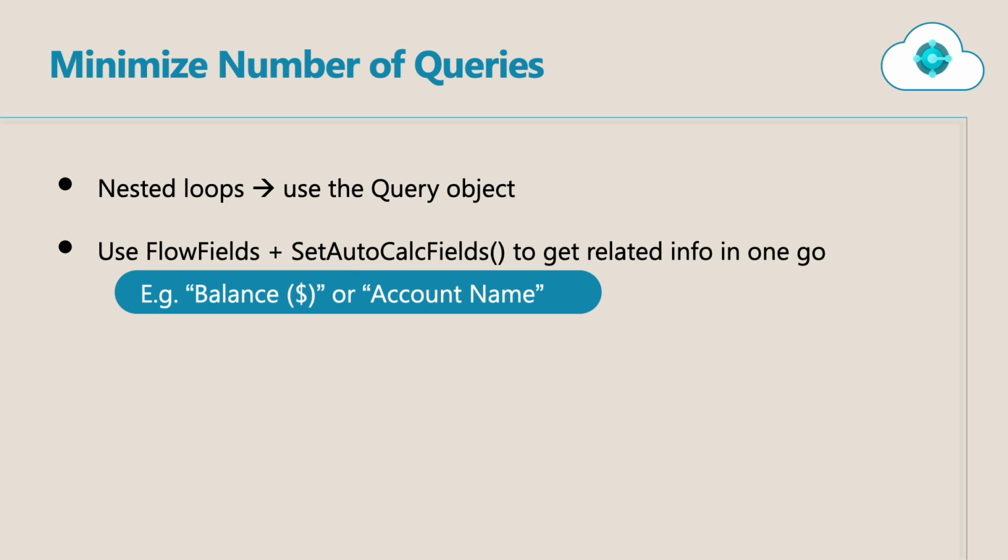For instance, you look something up and you want the sum of all underlying entries. That's typically a flow field. Or on an entry, you may have the account name or customer name as a lookup flow field. And you can ask SQL to calculate these instantly, as opposed to doing it in the code, instead of doing it afterwards with calc fields.